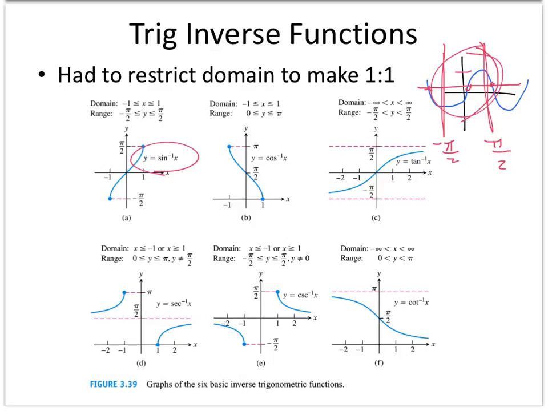Also, if you remember, the highs and lows of your sine were -1 to +1, and if that's your range, that becomes the domain of your inverse, and the range of the inverse is the domain of your original function. So hopefully you kind of sort of remember that a little bit. Let's hope. If not, this kind of stuff will be made available to you on the test.